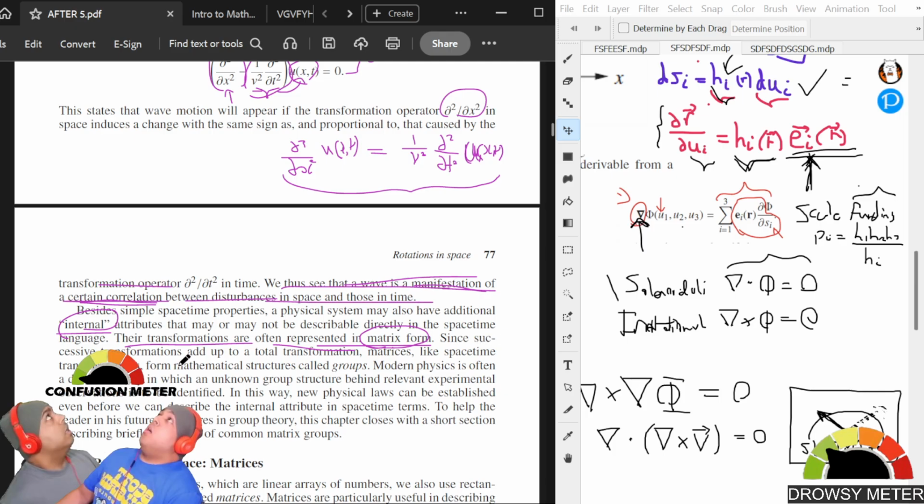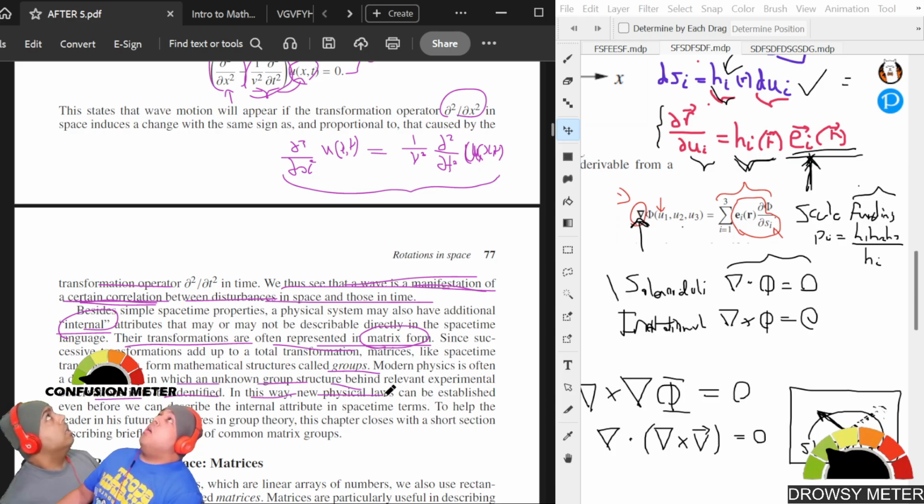Since successive transformations add up to a total transformation, matrices, like spacetime transformations, form mathematical structures called groups. Modern physics is often a detective story in which an unknown group structure behind relevant experimental observation is to be identified.